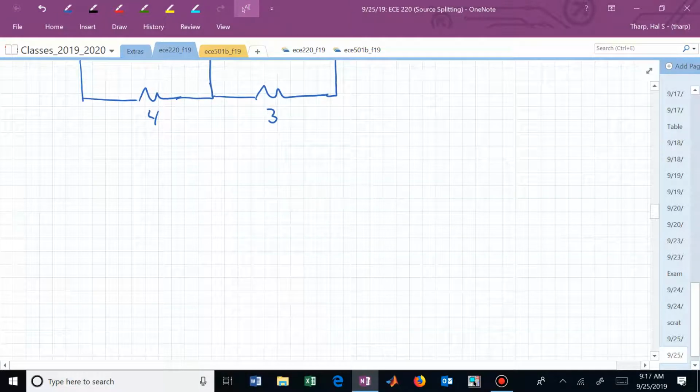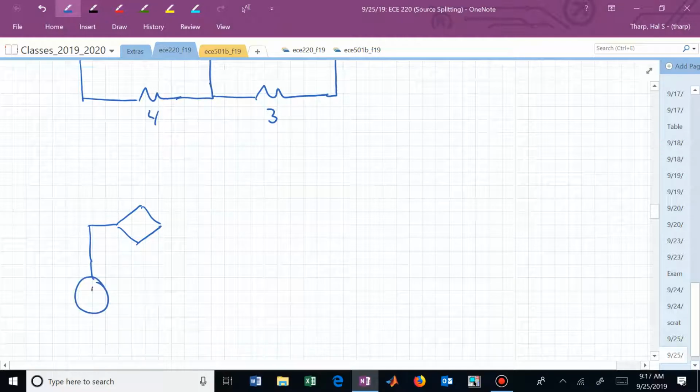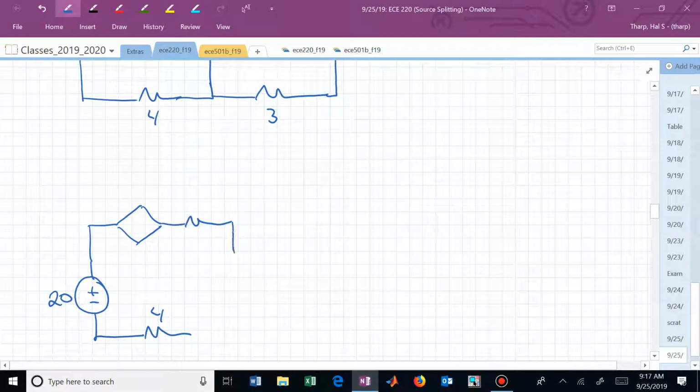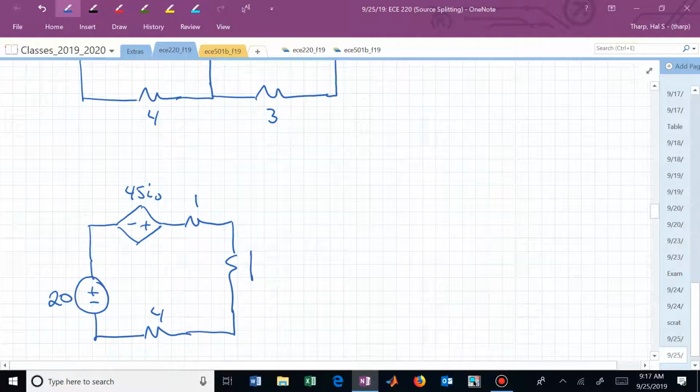I now can redraw this and say, in fact, here's what I have on the left. And this was actually 25 ohms to begin with.